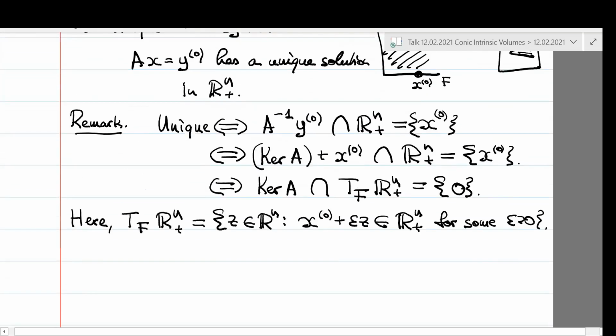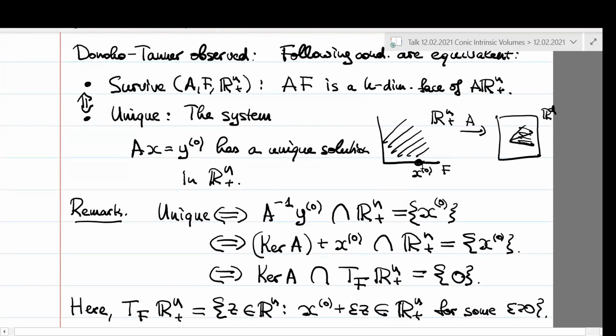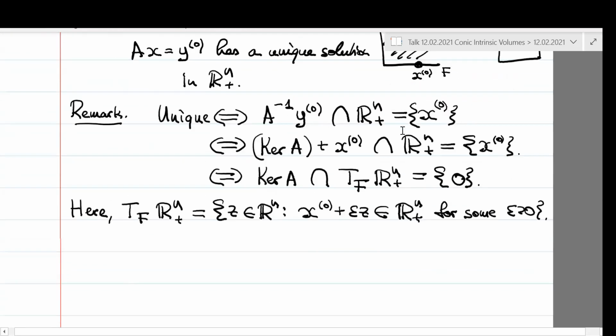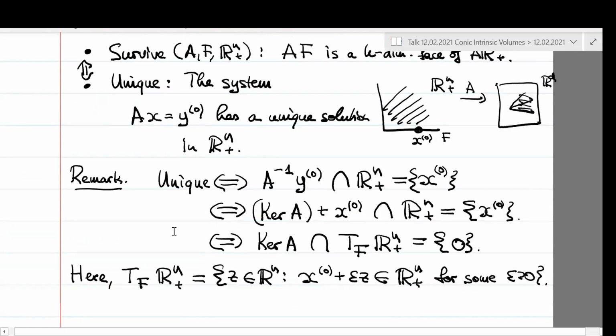So imagine we are in x0, and now we look in all possible directions. Those directions which point inside the cone are elements of the tangent cone.